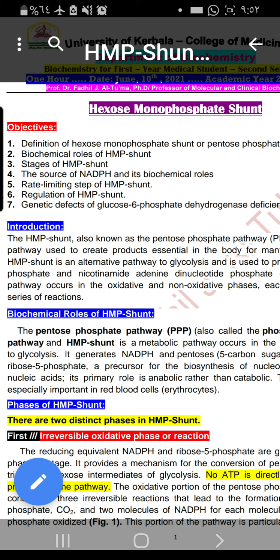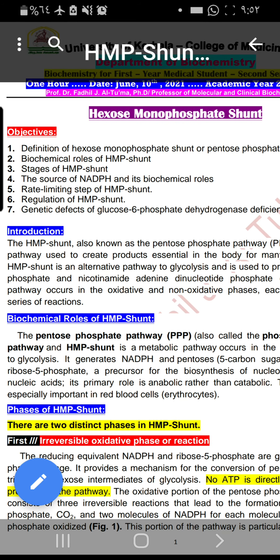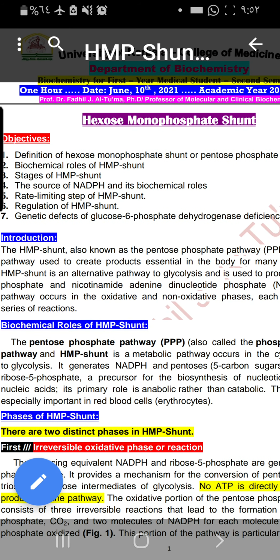Definition of hexose monophosphate shunt, or the other name is called pentose phosphate pathway. What are the biochemical rules of hexose monophosphate shunt? Hexose monophosphate shunt constitutes two different general stages.